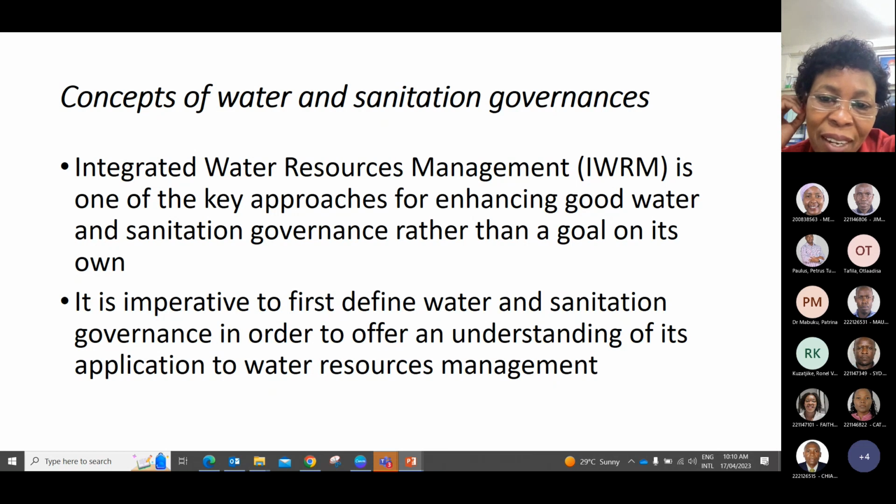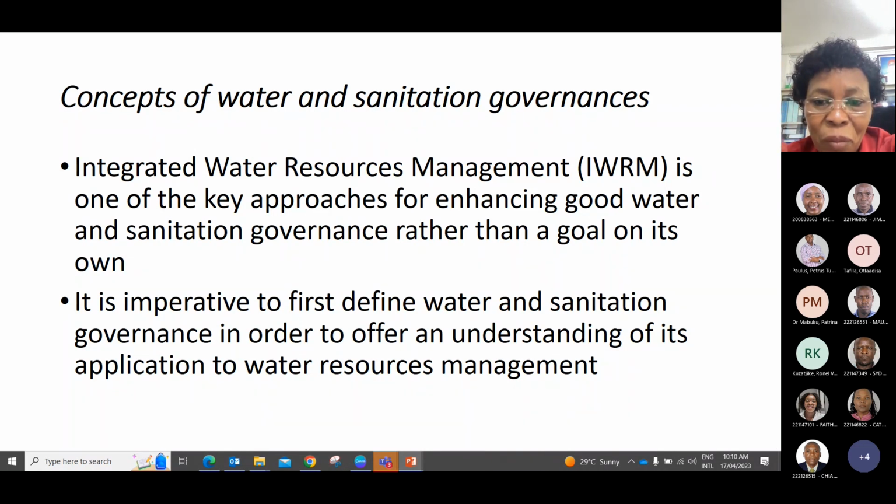This approach, as it reads, is integrated water resources management, but it is an approach that is also important with regards to water and sanitation governance because of the nature of the approach itself.